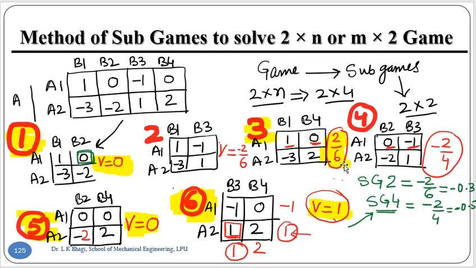Now 2 by 6 will be 0.333, so it will be less. So subgame 6 is the most favorable game for player A if it has 4 strategies and B has 2 strategies, then we can select this one, subgame 6, right? This way we can solve the problem using the method of subgames.